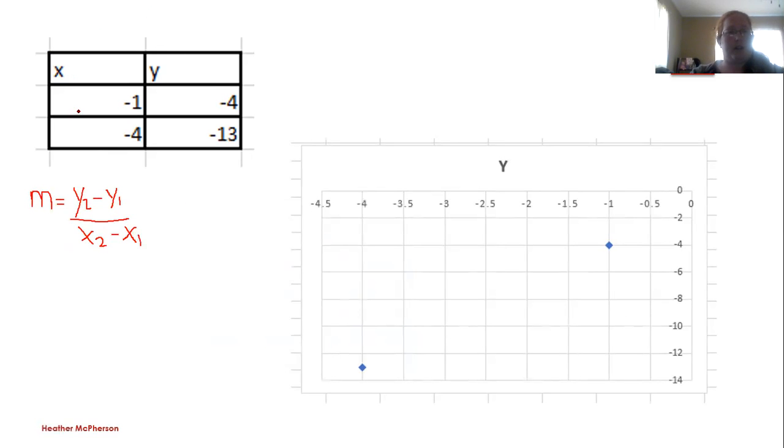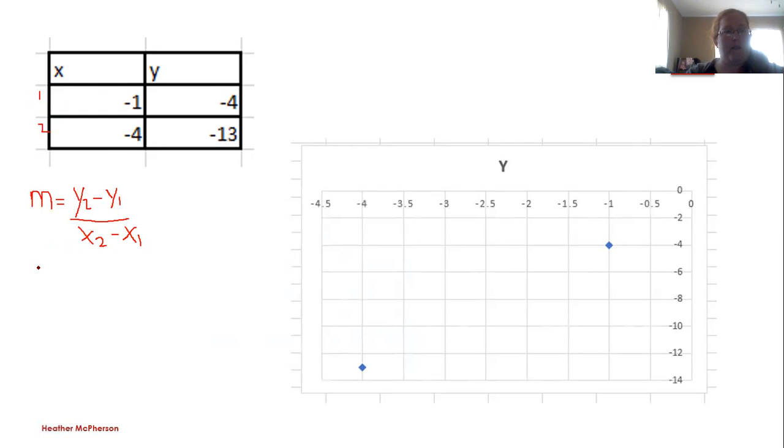All right, so we'll look at our table again. You have your x values and you have your y values. So, this is the first set of points, and this is the second set of points. So when you're looking to put in your values into the equation, you'll know that this will be under x1, y1, and this will be x2, y2.